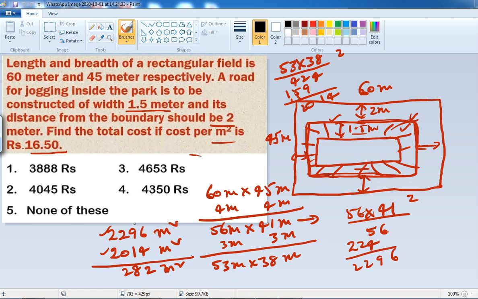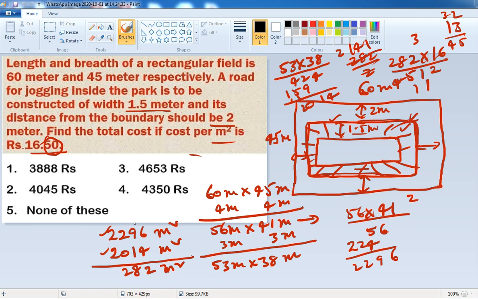282 into 16, which is 4512. For the 0.5 rupees, we just need to take 282 by 2, which is 141.